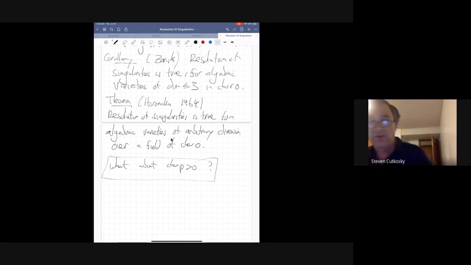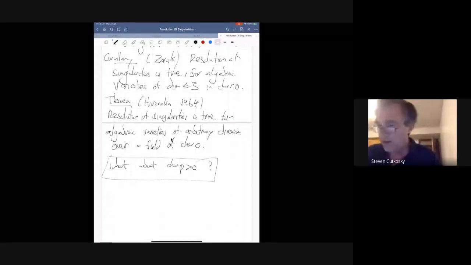It's incredibly easy, although there's a tremendous amount of trouble putting it all together at the end. But this discovery and its significance is in fact due to Abhyankar. So he even played a big role in this proof of resolution in characteristic 0.